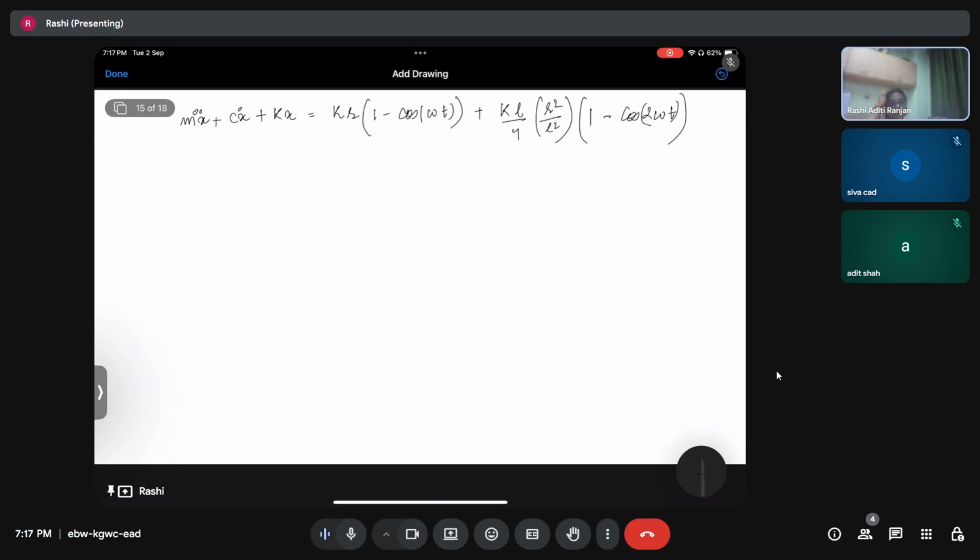Other than that, we have c into y dot, which is a differential of this above term.